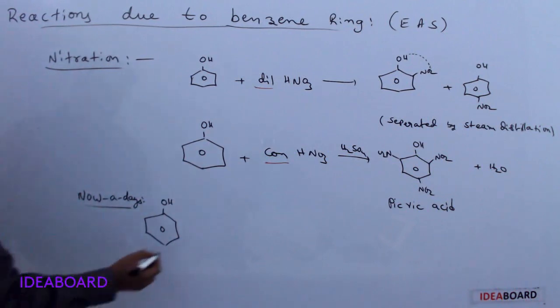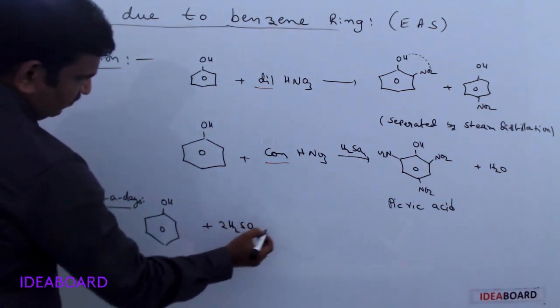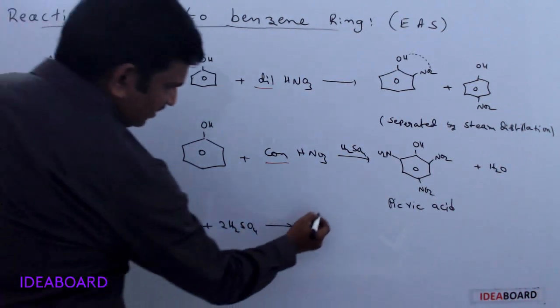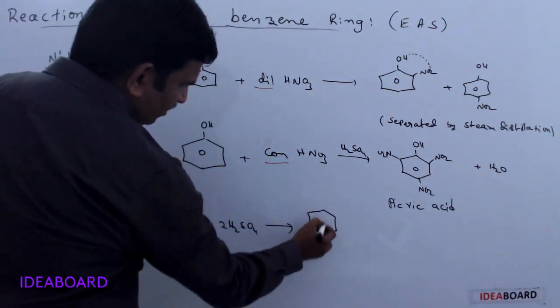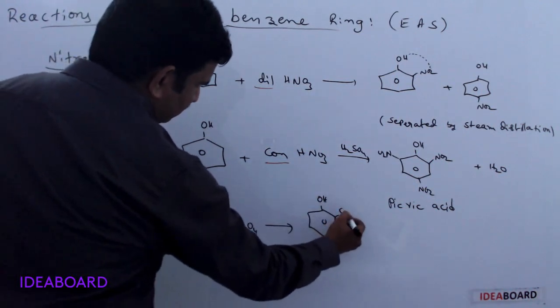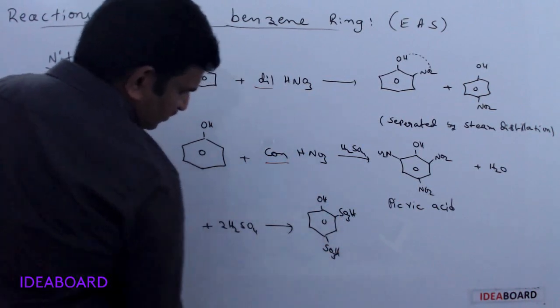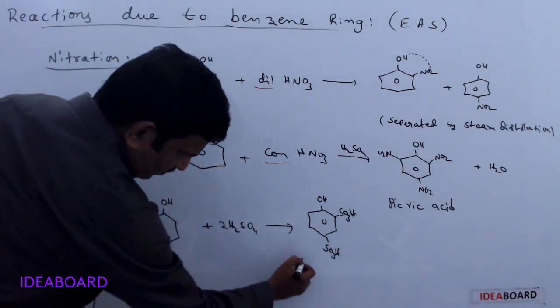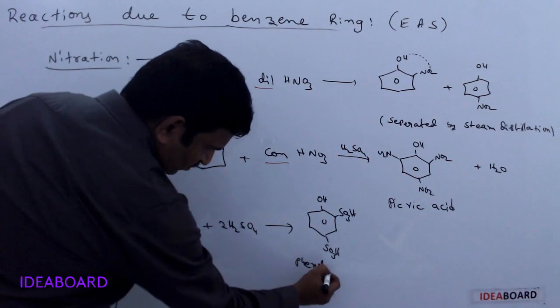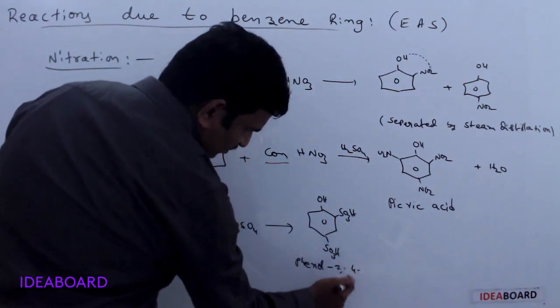We can prepare it by treating with sulfuric acid first. Phenol is treated with sulfuric acid, then it forms phenol disulfonic acid, SO3H and SO3H. This is called phenol 2,4 disulfonic acid.